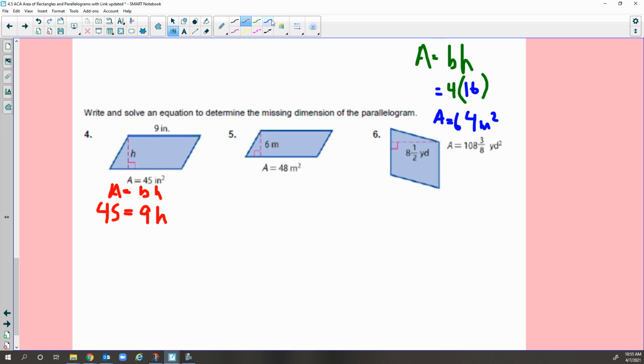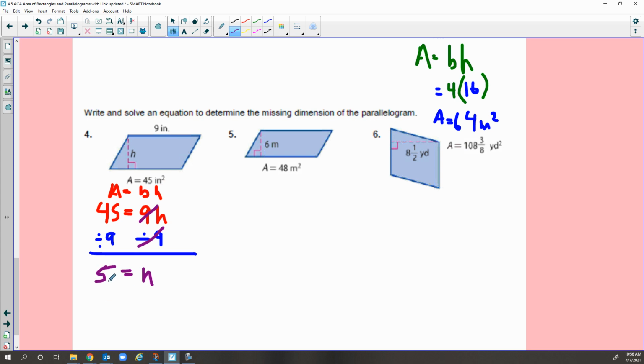And guys, look, it's just turned into a fancy equation. Solve for h. What should I do? Well, I'll divide both sides by 9. And when I do that, it gets rid of these two bozos, the 9 and the 9. And we're left with just h on the right. And we do 45 divided by 9, and that's going to equal 5.